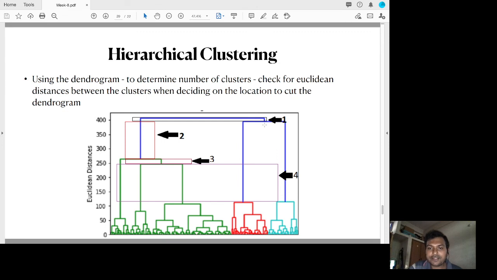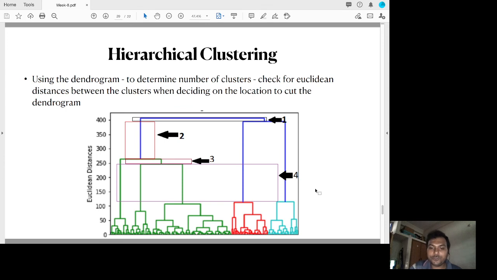The distance between these two blue clusters will be given by the height of this rectangle. The height of this rectangle is the lowest in 1 and it is maximum in 4. That is why you cut it at 4.